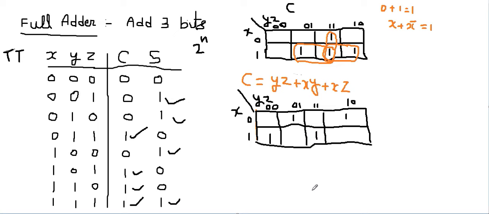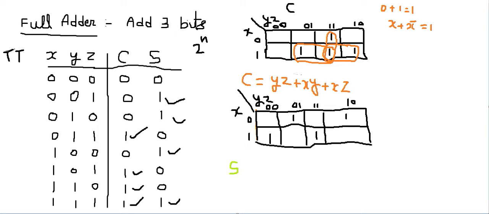Now you can see there is no possibility of making a group because these cells are scattered in a way that they are not adjacent to each other, so we cannot form a group. So in that case we have to just write it as it is, right?